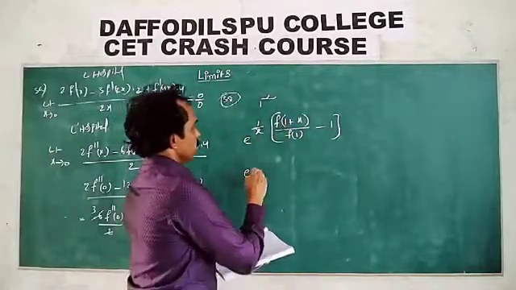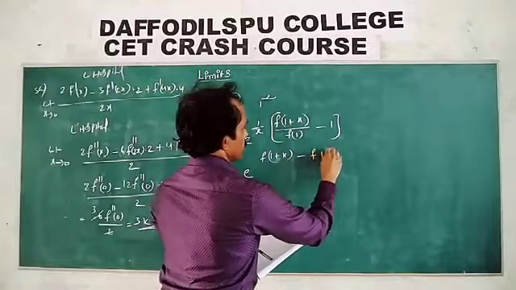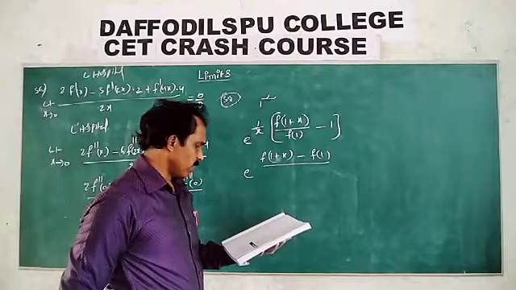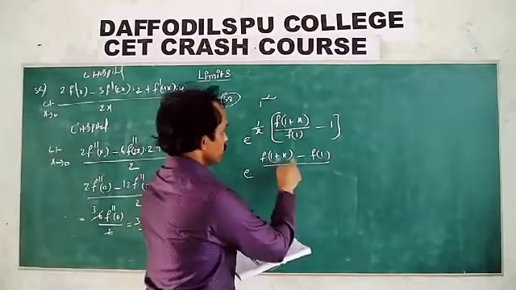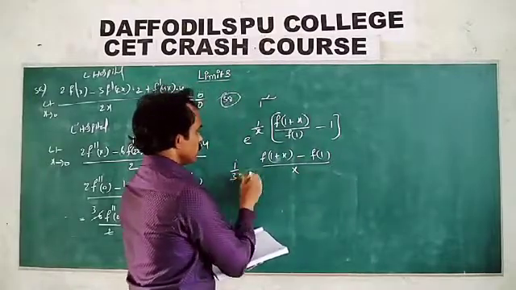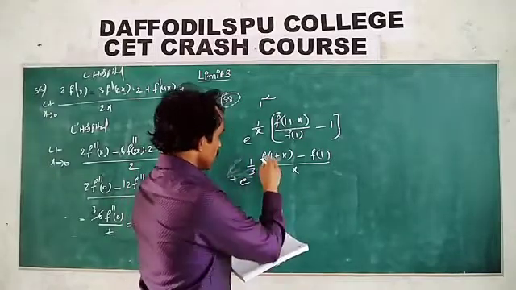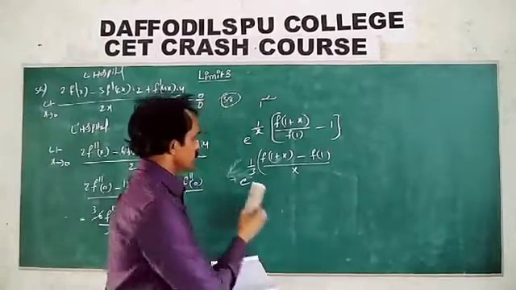Clear? This is equal to f of 1 plus x minus f of 1 divided by f of 1. f of 1 value 3 is given, and this is e power, limit x tends to 0.